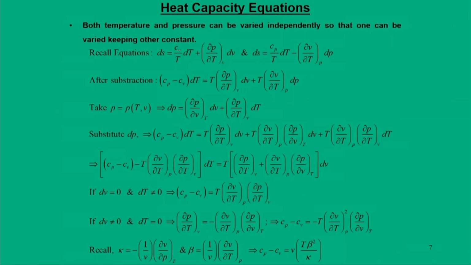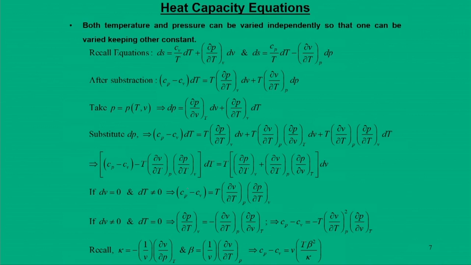One is dS = (Cv/T) dT + (∂P/∂T) at constant V into dV. The other equation is dS = (Cp/T) dT minus (∂V/∂T) at constant P dP. In fact, this is one of the relations which I noted in the earlier slide.